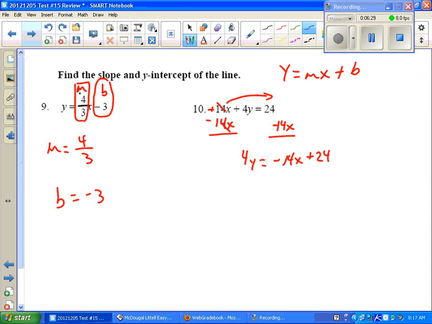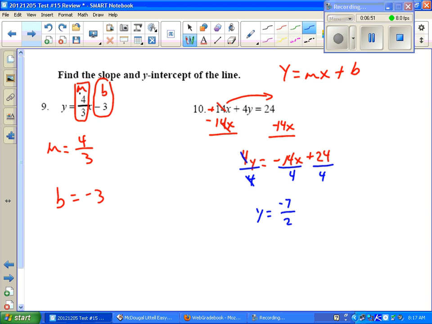Get rid of 4 times y by dividing by 4, and it'll cancel and leave you with just y. Divide this term by 4 and this one by 4 as well. The number 4 doesn't go into both 14 and 4, but the number 2 does. So -14 divided by 2 would be -7, and 4 divided by 2 would be 2.